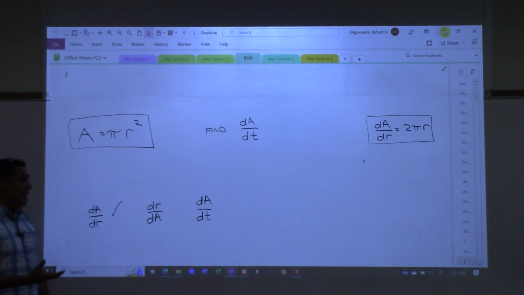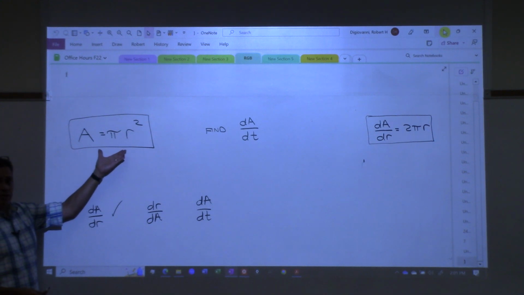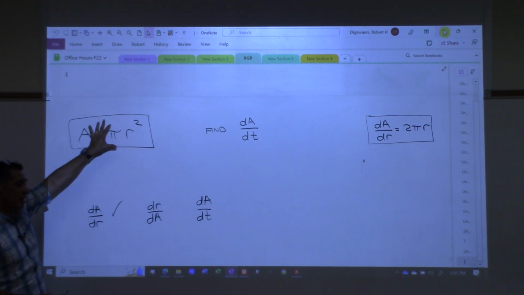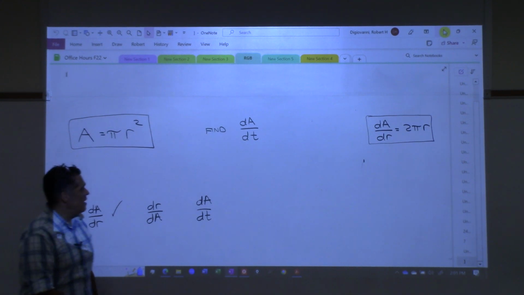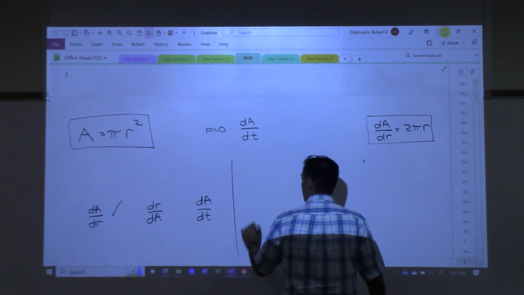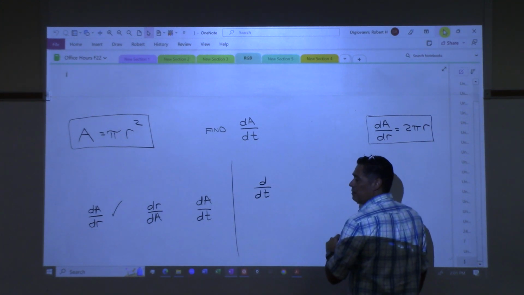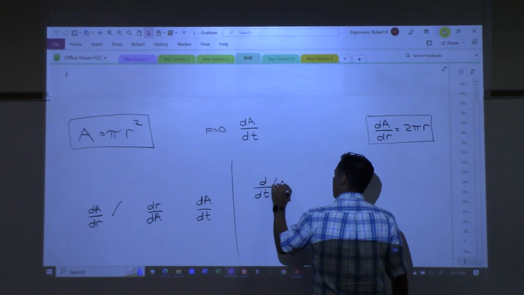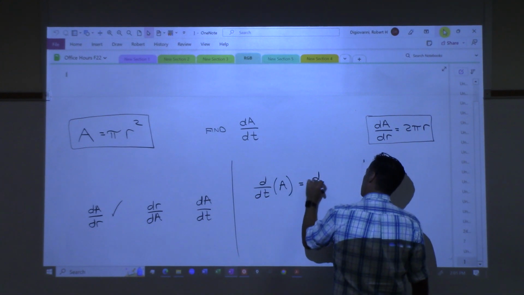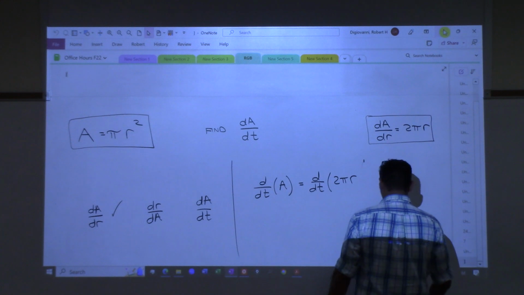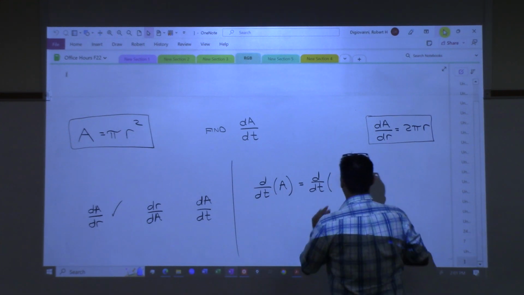So it is okay to differentiate an equation with respect to a variable that does not appear in the equation. Let's see how it works out. I'm going to differentiate both sides with respect to t. So I'm taking the derivative of A with respect to t on the left. On the right-hand side, pi r squared.